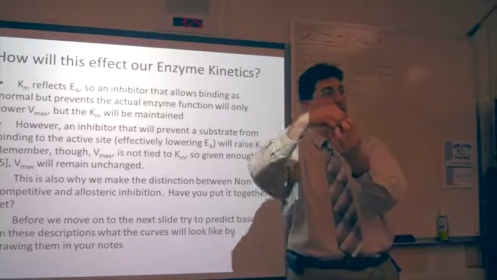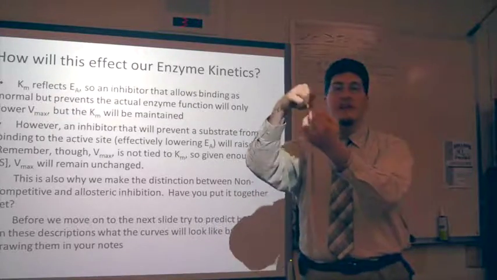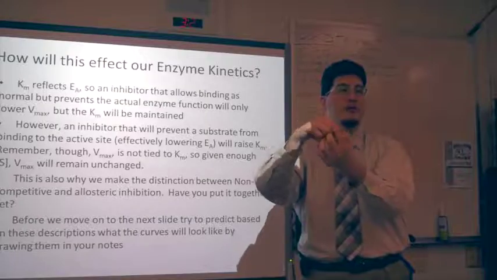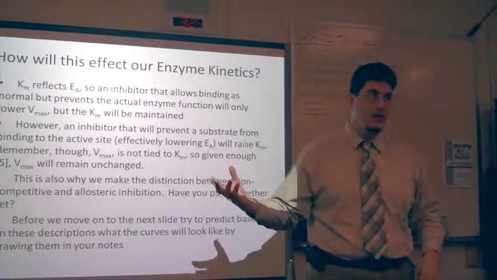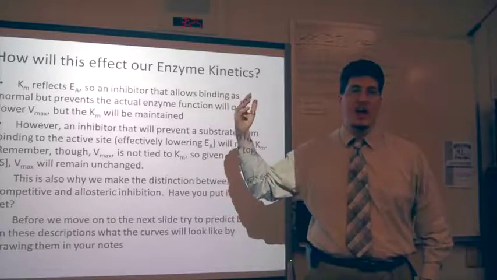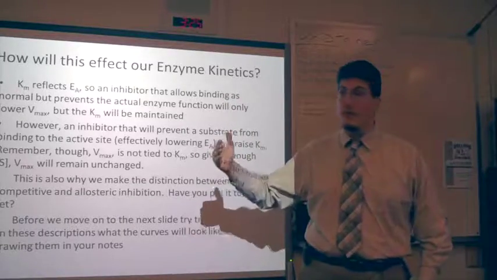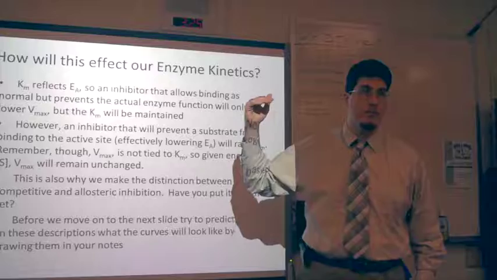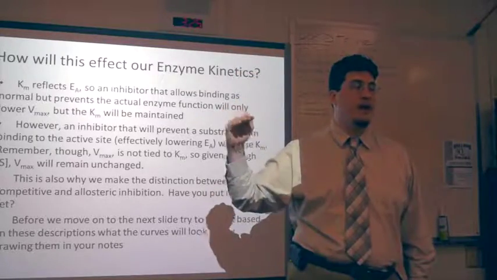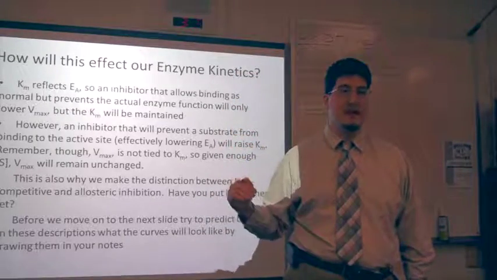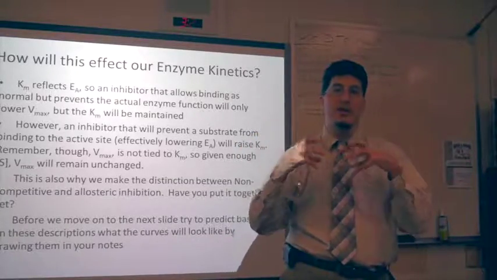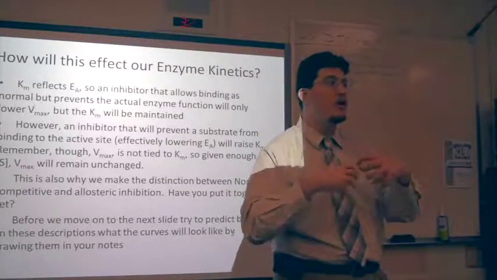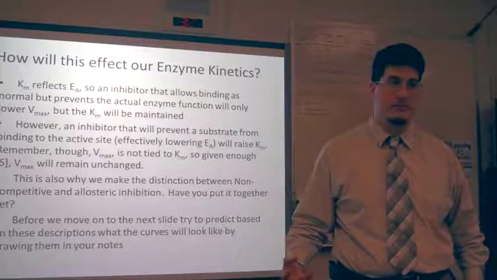If the substrate cannot fit, then the active site has a lower affinity. So an allosteric inhibitor will lower enzyme affinity, thereby raising Km, and lowering maximal velocity by inhibiting enzyme substrate complex formation and therefore the progress of the reaction.